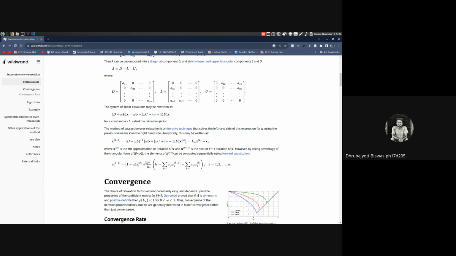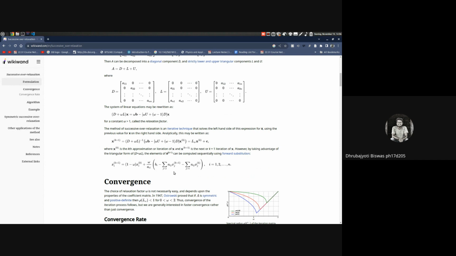To find that, you need xi at k, xj at k, and xj at k plus 1. This would look like it is not parallelizable because it involves k plus 1, but if you look at it here, j less than i, the evaluation of the right hand side can be parallelized.